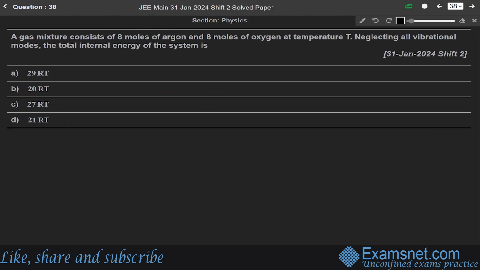Now next question 38. A gas mixture consists of 8 moles of argon and 6 moles of oxygen at temperature T. Neglecting all vibrational modes, the total internal energy of the system is? This question is also from the kinetic theory of gases. Now we have to find the internal energy.